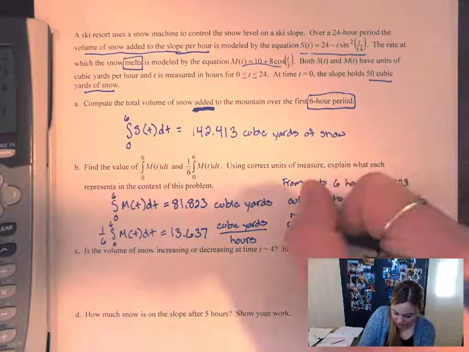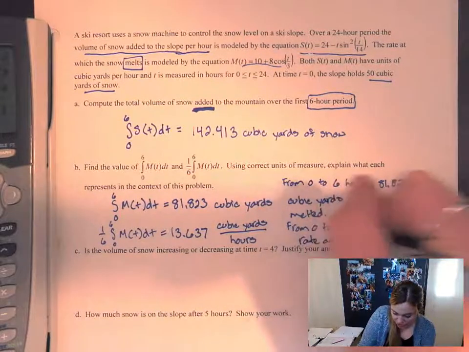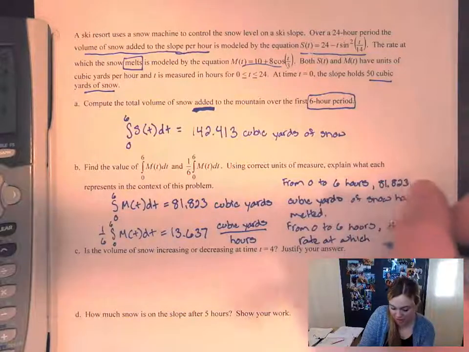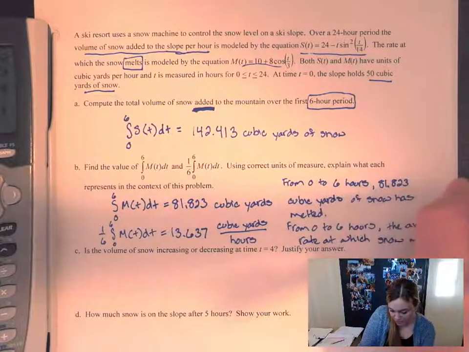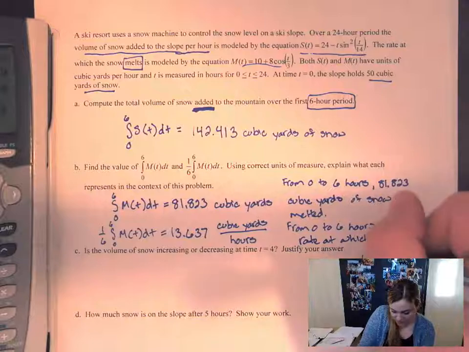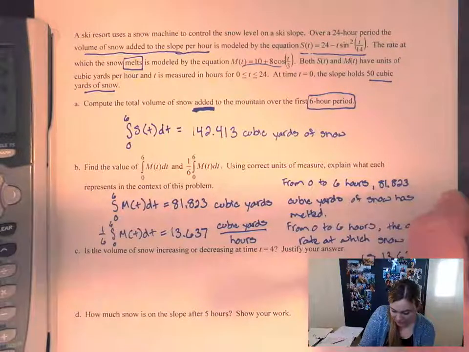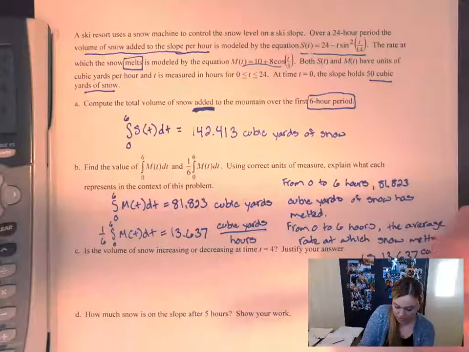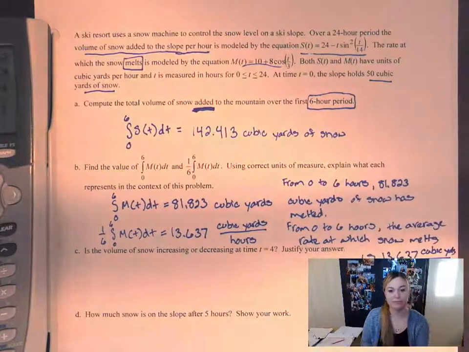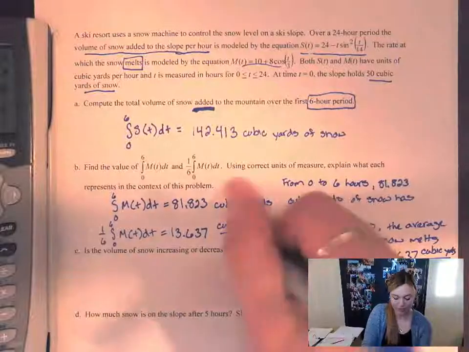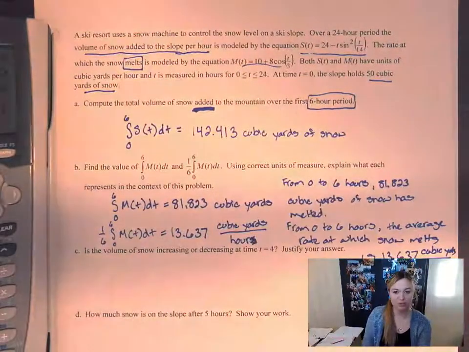The average rate at which snow melts. So I'm using the language that they had before. Is 13.637 cubic yards per hour. It's weird, I said cubic yards per hours there, but let's just do hour.